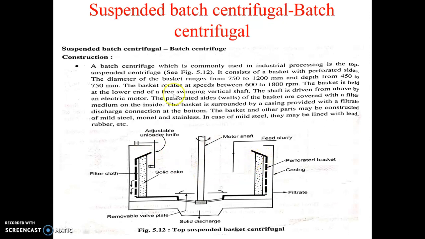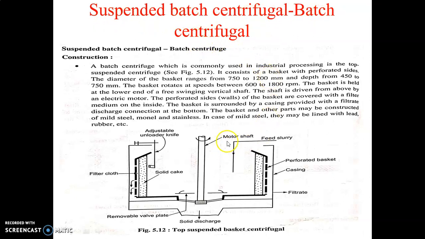Now this is the figure of the centrifugal batch filtration, suspended batch. Suspended means the shaft is suspended here, and it is connected to the motor. So it is called a suspended batch centrifugal or batch centrifugal.